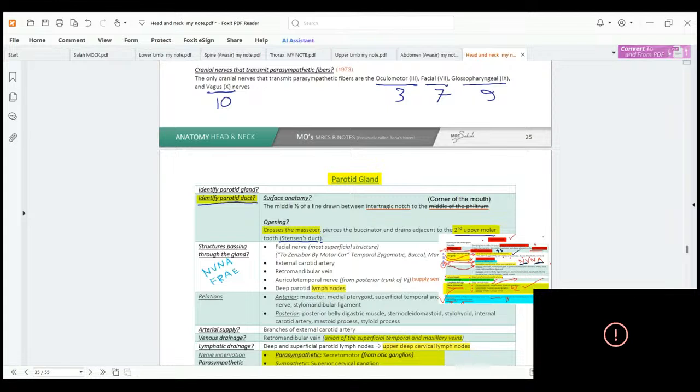Retromandibular vein. FRAE, yes, it is free. Facial nerve, retromandibular vein, then artery, external carotid artery.